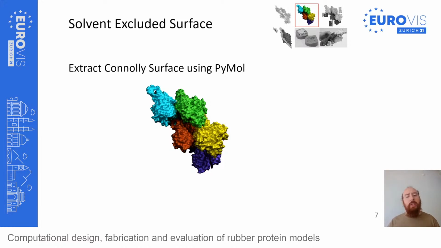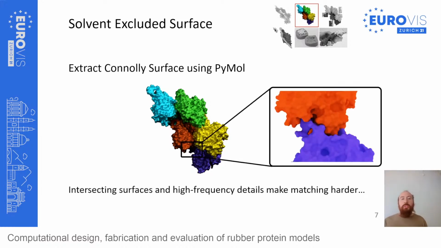But unfortunately, if you zoom in, what you see is that frequently, when extracting a Connolly surface independently for each subunit, you can have small intersections between different subunits, along the interaction sites, where the atoms from the different subunits get really close to each other. Also, the high frequency detail that characterizes these surfaces makes the match between different subunits harder.